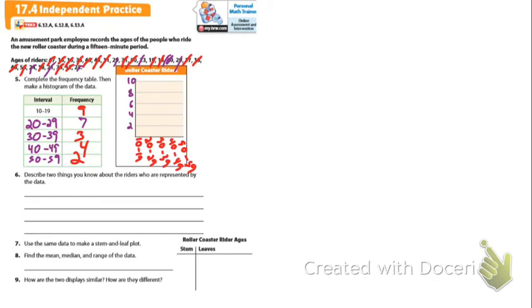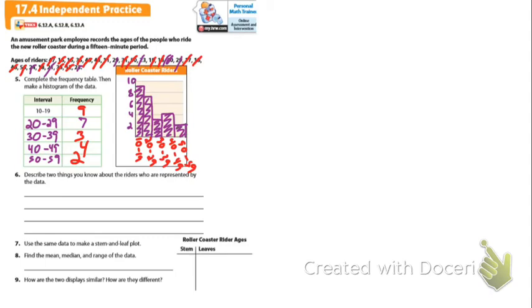So 10 through 19, we know there was a total of 9 individuals. 20 through 29, we had 7. 30 through 39, we had 3. 40 through 49, we had 4. And 50 through 59, we had 2. So that's what your graph should look like.